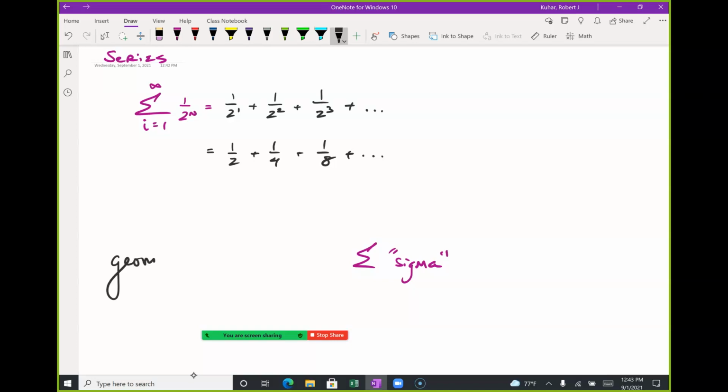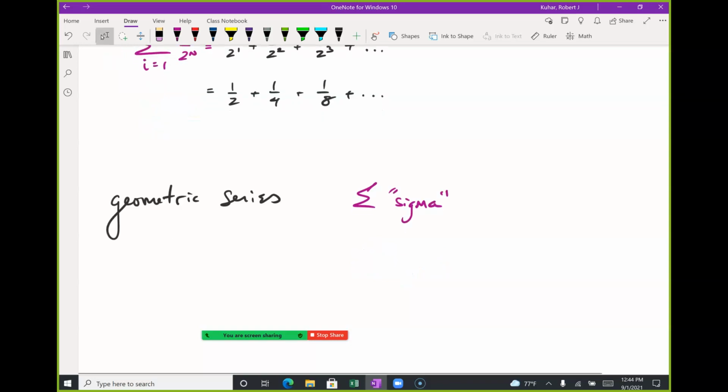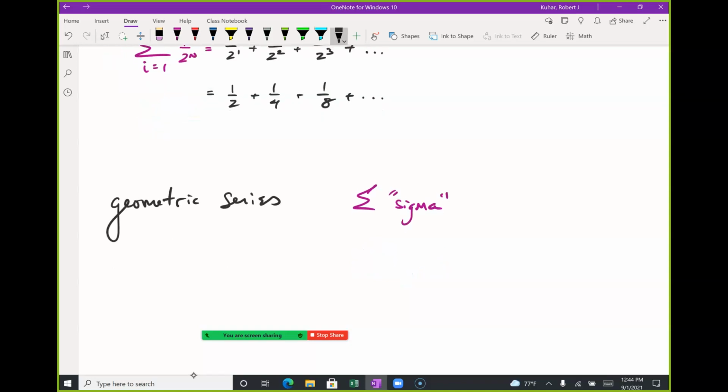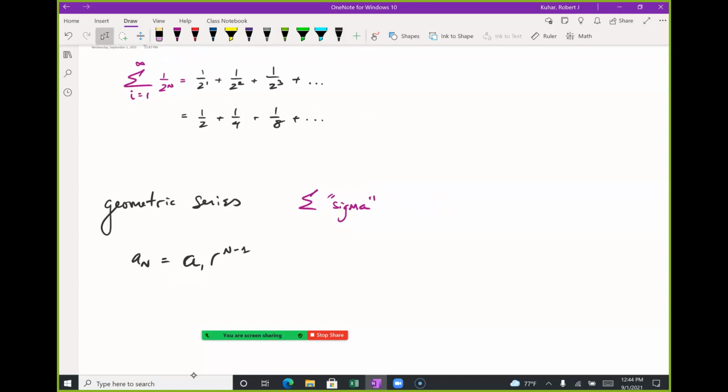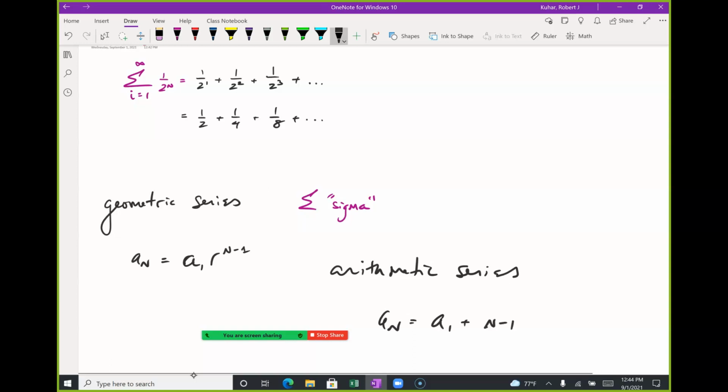Just a quick side note, the geometric formula is a sub n equals a sub 1 times r to the n minus 1, and our arithmetic formula is a sub n equals a sub 1 plus n minus 1 times d.